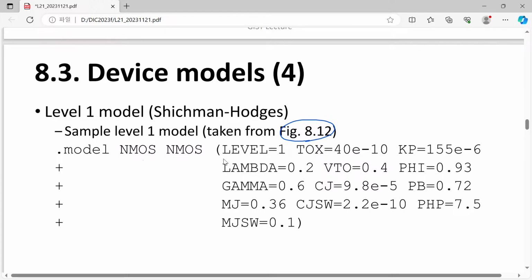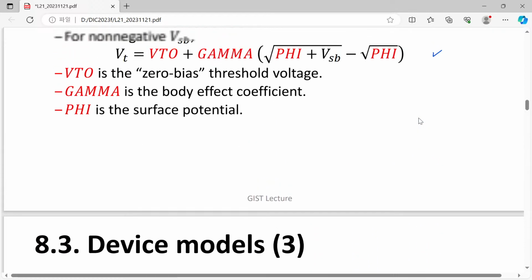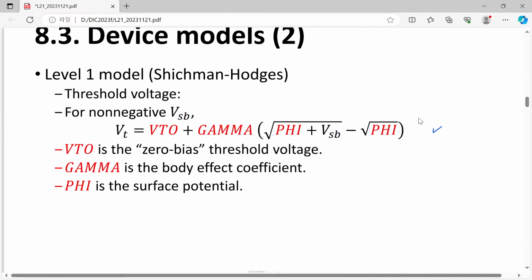And yes, please have a look at these ones. For example, level. Level 1 means that we will use quite a simple expression studied up to now. And Tox is 40 e to the minus 10, so that is corresponding to 40 angstrom. Yes. And Kp is that one, so we have already covered this Kp parameter. Yes, mu and Cox parameter.